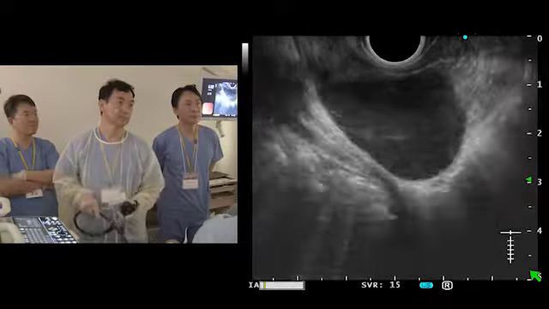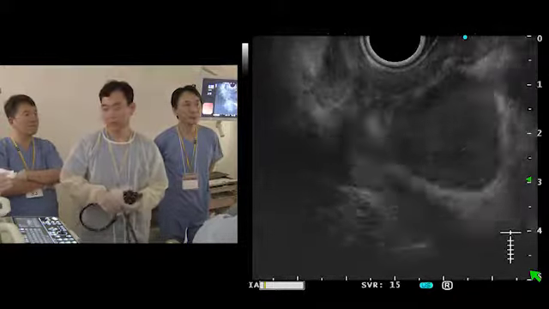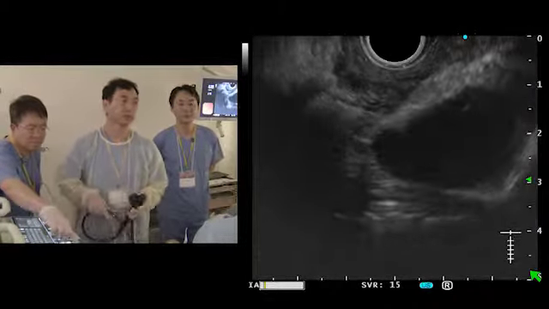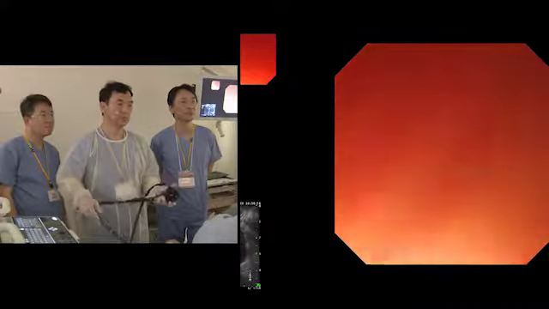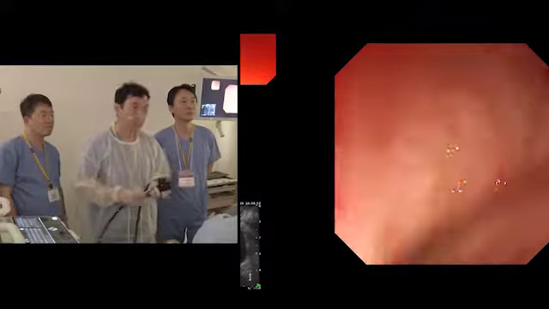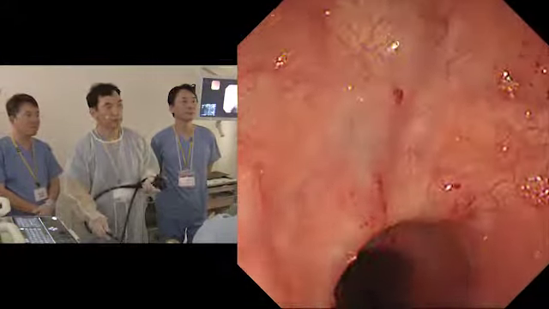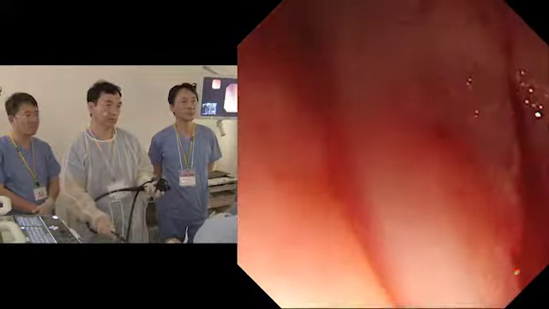How about the endoscopic view? Regular endoscopic view, thank you. Let me show you, it demonstrates the tumor bulging into the esophageal lumen. The bulging part is rather small. Sorry, this is the oblique view, so it may be a little more difficult.